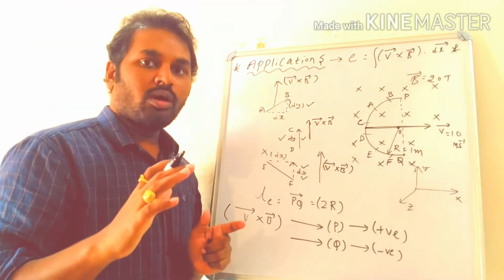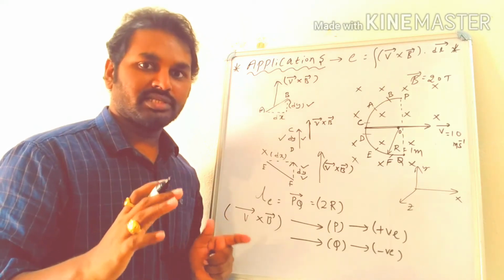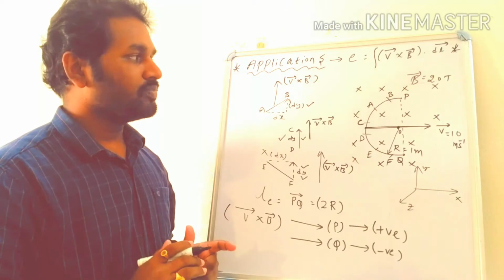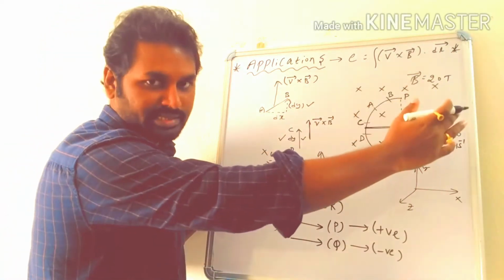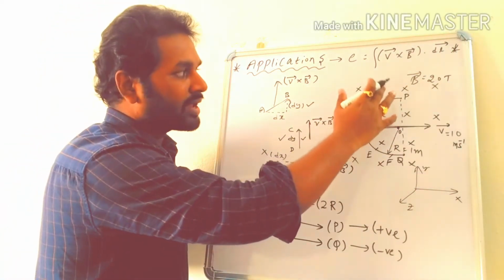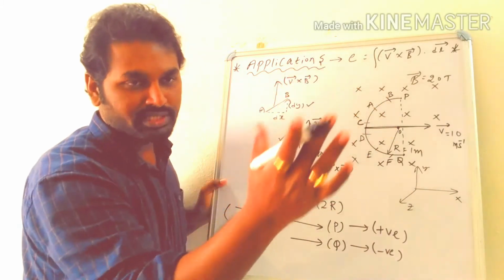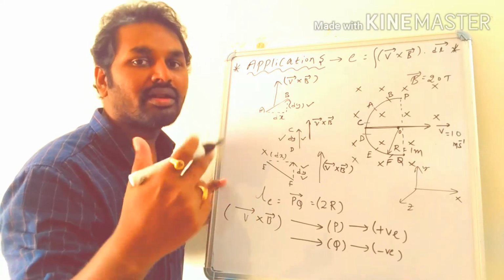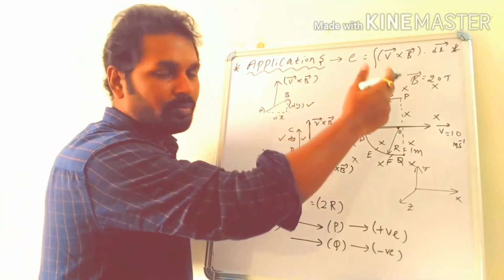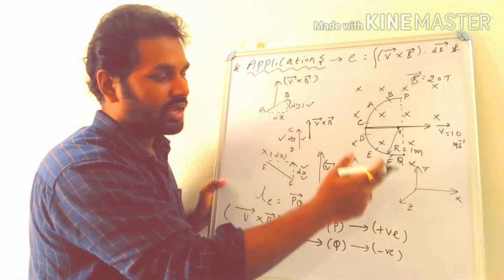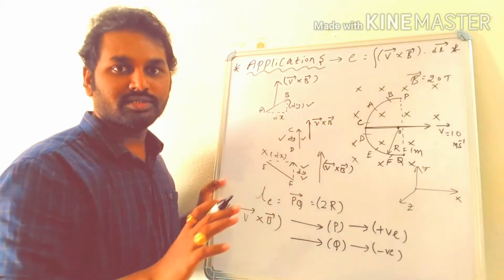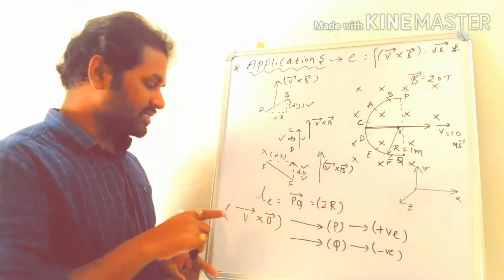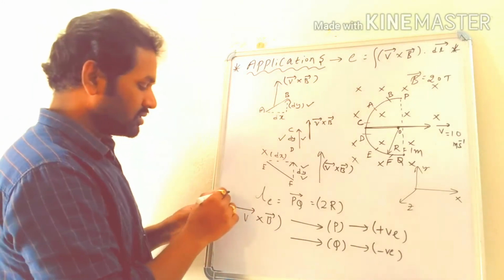If either one of the two is changed, then the polarity also changes. For example, the rod is moving along the x-axis. If the magnetic field is along the positive z-axis, out of the board, then the polarities are reversed. At the top you will now get negative charge, and at the bottom the positive charge. It all depends on in which direction you get V bar cross B bar.